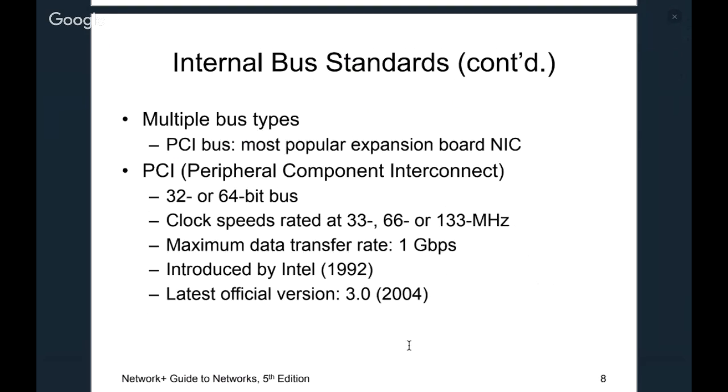Introduced by Intel in 92. They were the first folks to create and mass produce it for computers. And then officially, the latest official version we use today is 2004, which is 3.0, which we still use in our computers, laptops, tablets, phones, even your smart TVs.